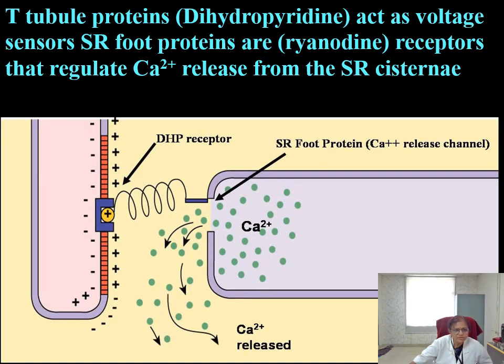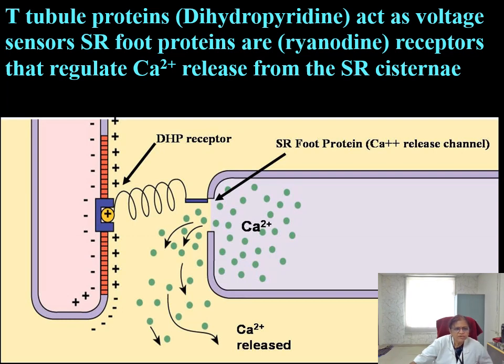So this is the picture to show you how the action potential passes along this T-tubule. This is the DHP receptor, which is linked to and keeps the ryanodine receptor closed when it is at rest. This is the ryanodine receptor, and this is the cisterna of the L-tubule. Here you can see a high concentration of calcium.